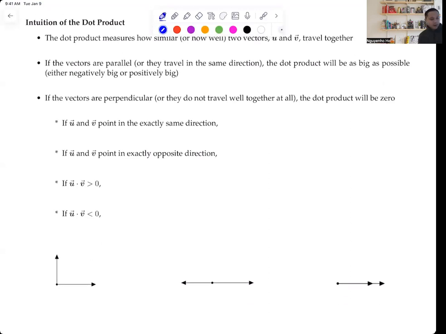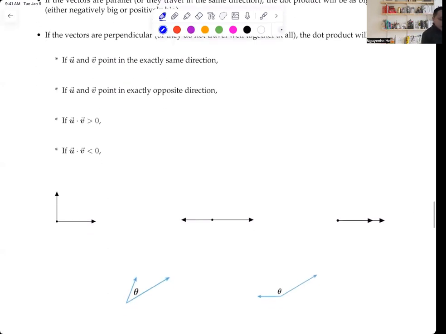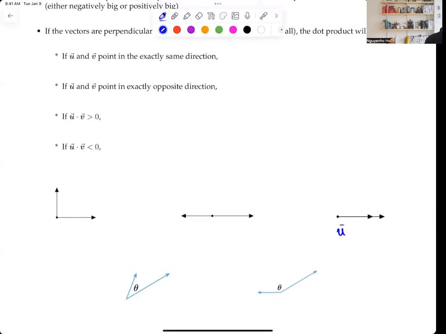For example, if u and v point in the same direction, in this case, the two vectors pointing in the same direction, we get that the cosine is equal to 1. And the angle formed from these two vectors is going to be equal to 0. And so theta is equal to 0 degrees or 0 radians.